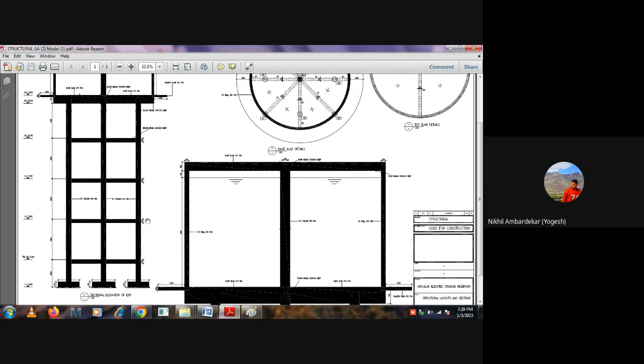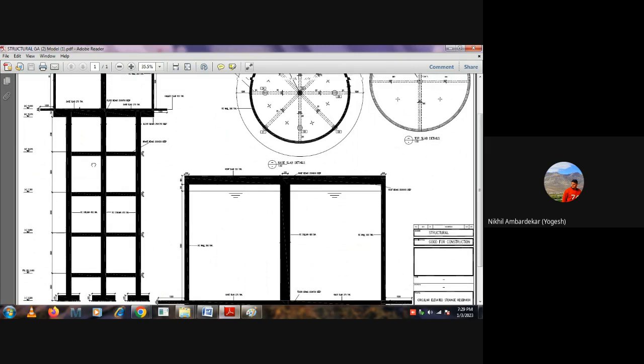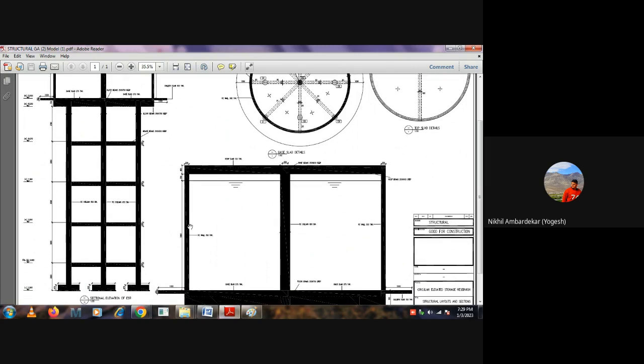And for that, we need to provide huge section sizes to reduce that effective length. We have provided some cross beams, so automatically the effective length of the column is reduced. Correct, absolutely correct.